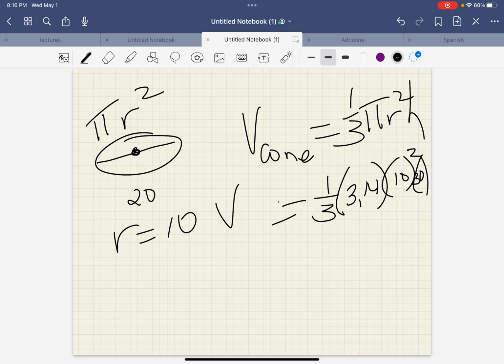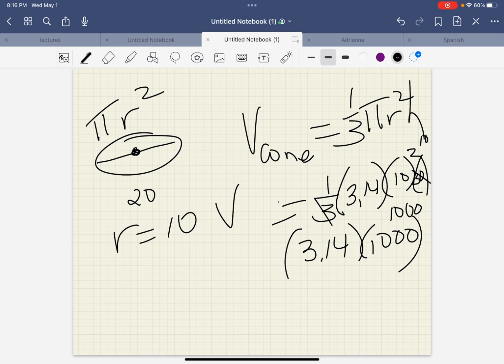Okay, so the nice thing about that is this 3 will cancel into the 30 and give us a 10. So we have 10 squared, which is 100, isn't it? And then 100 times 10 is 1,000. So we have 3.14 times 1,000. Okay, and when you multiply by 1,000, that's how many zeros?